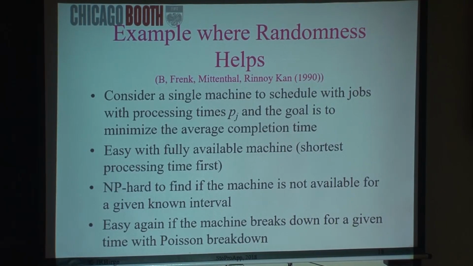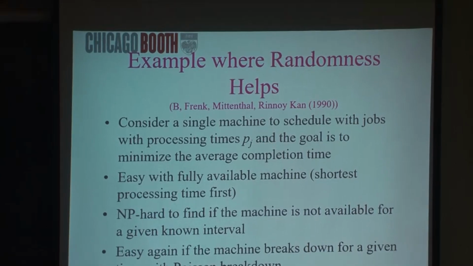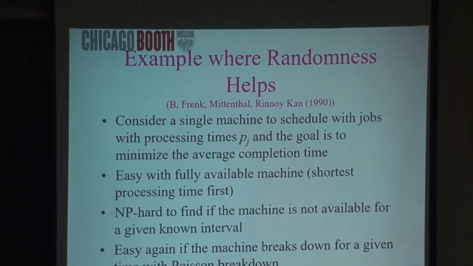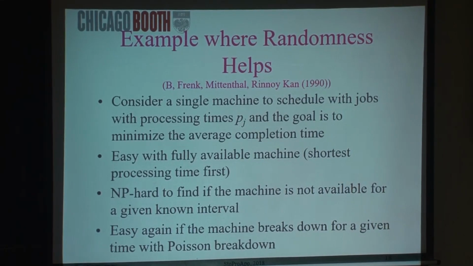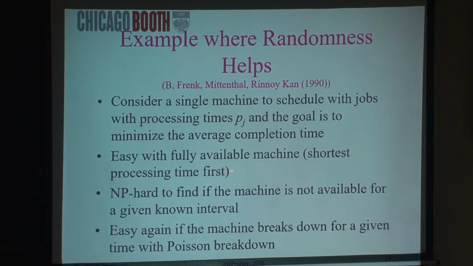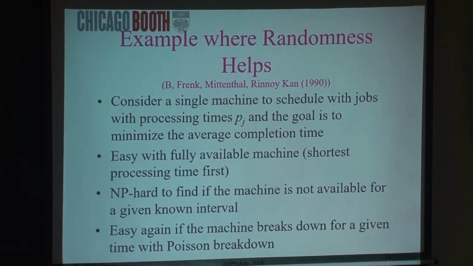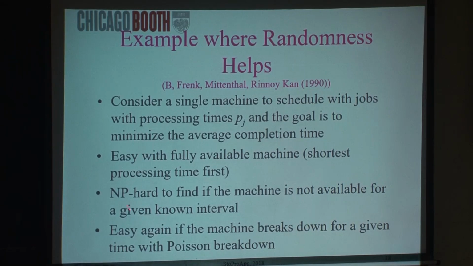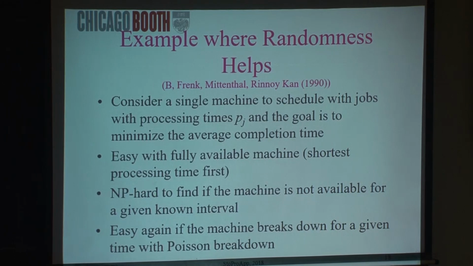However, suppose the machine can break down at some point before I process all the jobs, before the sum of all the processing times. Well, that means it's going to disrupt some of those jobs. It turns out if I had deterministically known when the machine's going to be down, and I fix when the machine is down, that problem is NP hard because it's like a bin packing problem.